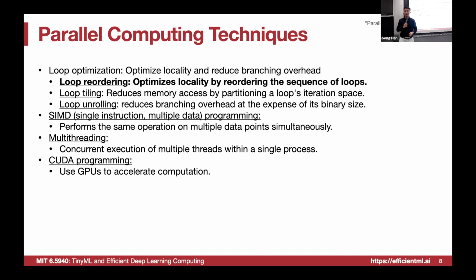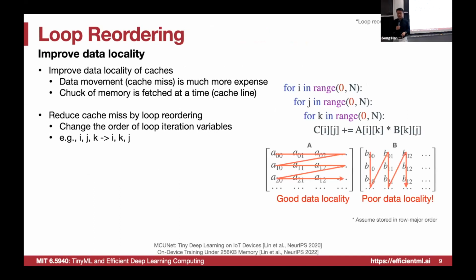Let's learn them one by one, starting with loop reordering, which optimizes cache locality by reordering the sequence of loops. So let's see a simple matrix multiplication, an n by n times n by n matrix.